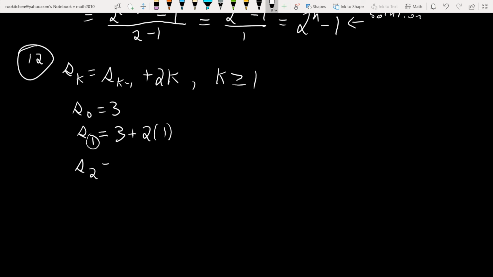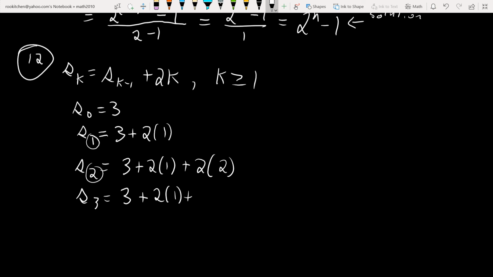So s sub 2 is going to be the previous s sub 1, which is 3 plus 2 times 1, and then plus 2 times the k value, which now is 2. S sub 3 is going to be the previous s sub 2, so 3 plus 2 times 1, plus 2 times 2, and then plus 2 times the current k value, which is 3.